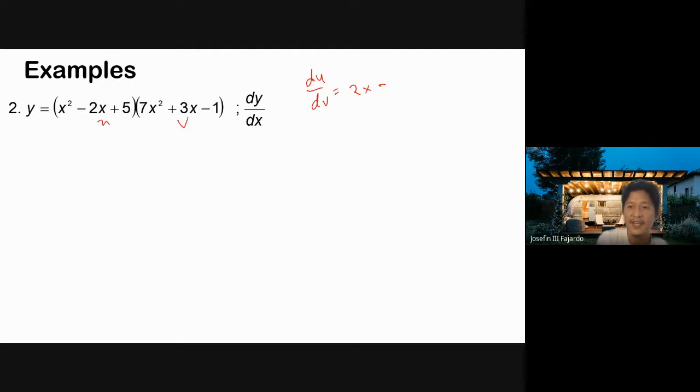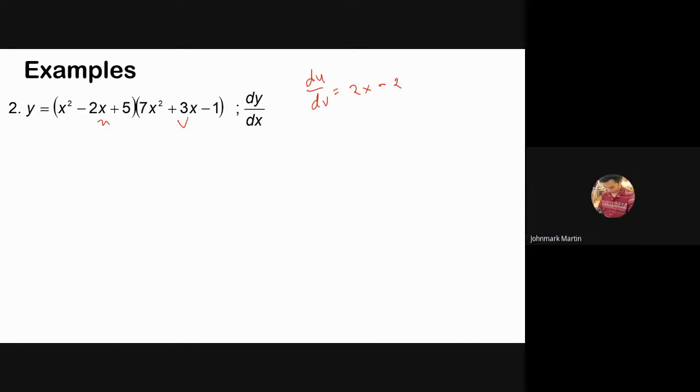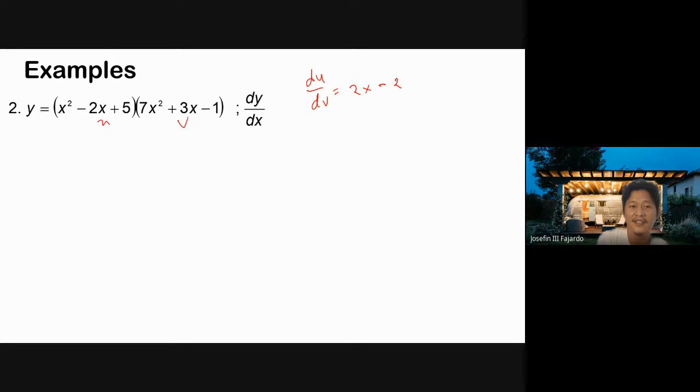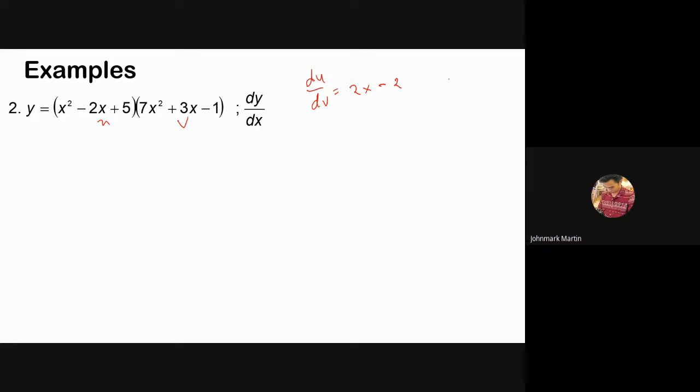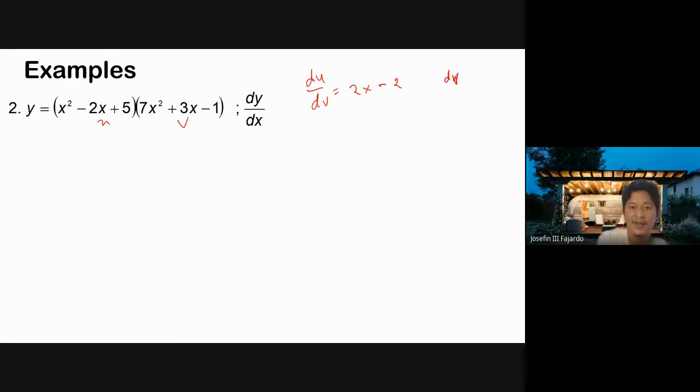Ano derivative ni x? 1. So, matitira na lang dyan ay 2. Di ba? 2 times 1. And derivative ni 5 ay 0. Next, derivative naman tayo nung pangalawa, dv over dx. Ang derivative ni 7x squared?